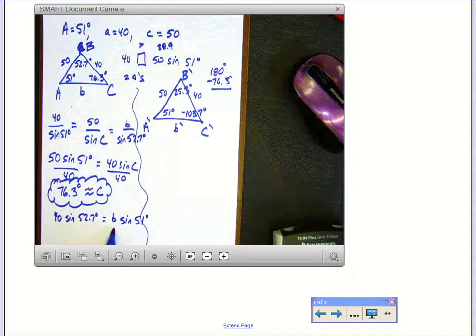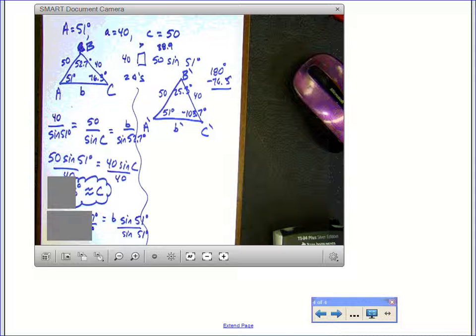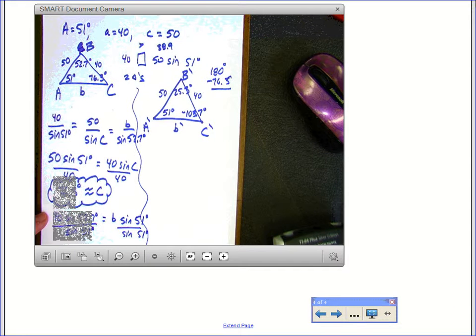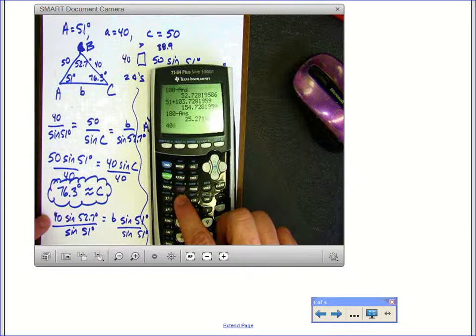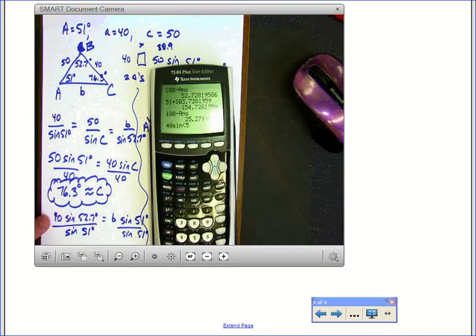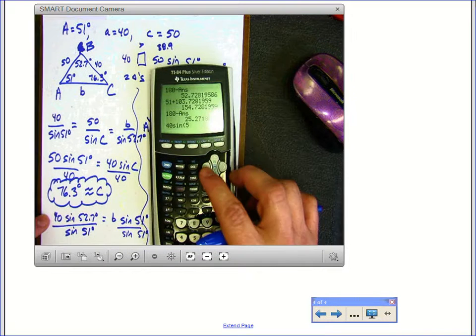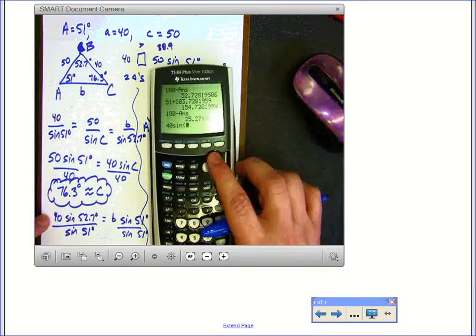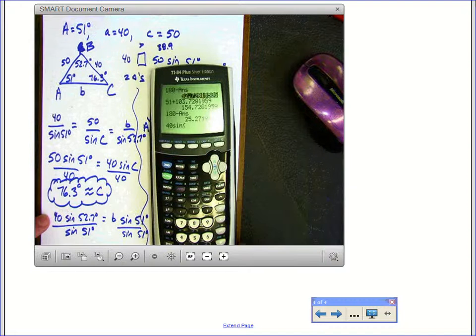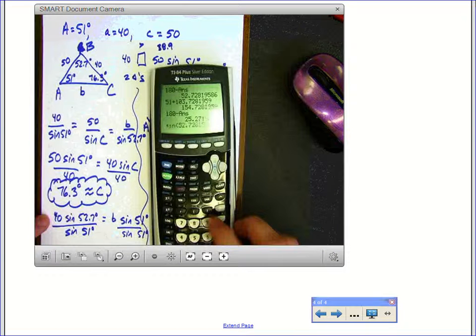Am I going to need to do inverse on this one? Because you're not finding an angle, right? Let's punch this in, and you've got to be real careful about carrying over your decimal places. 40 times sine of 50, oh, I almost messed up. I was supposed to push 52.7, so I've got to paste it. Now divided by sine of 51.